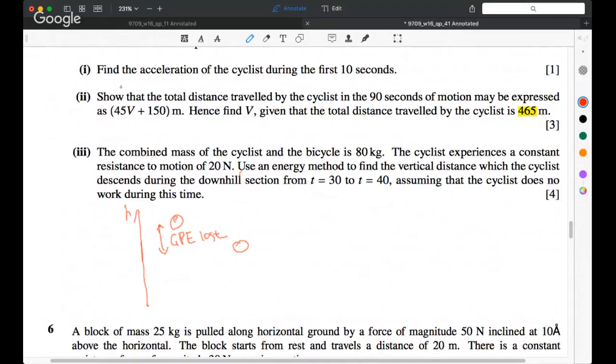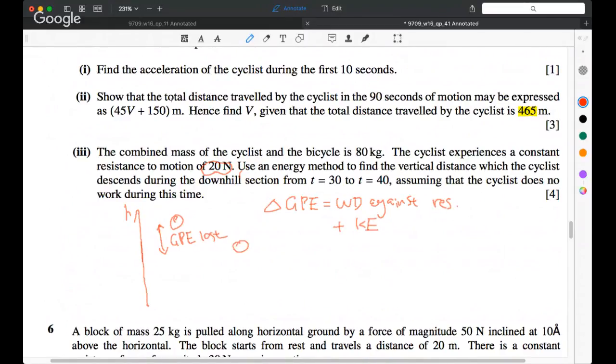And also there's a resistance to motion of 20 Newton. So the change, this delta sign just means change, of GPE equals work done against resistance plus kinetic energy.